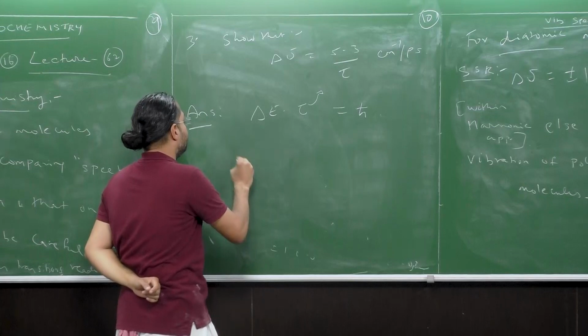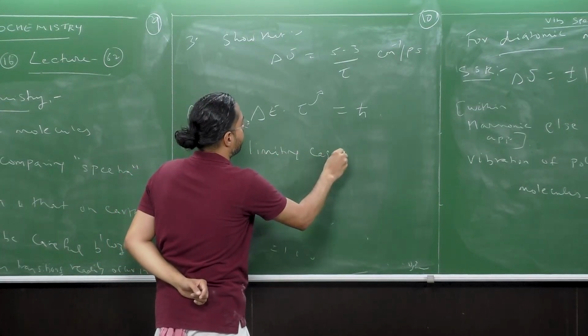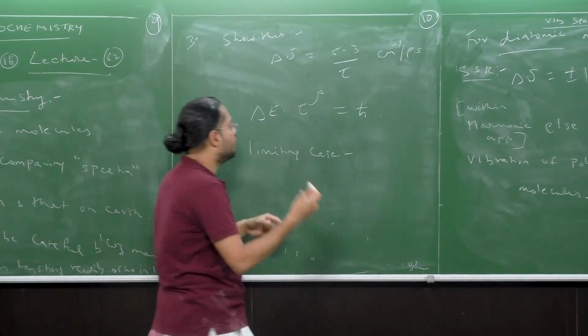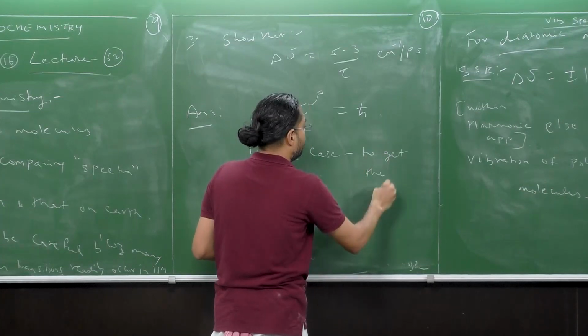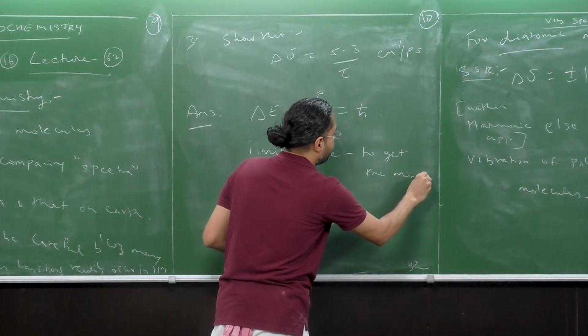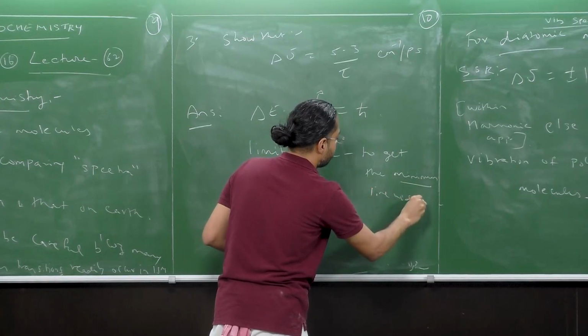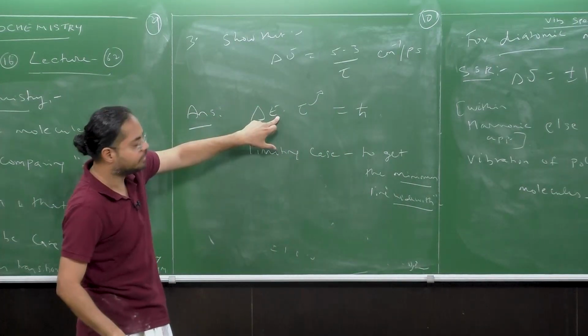We use the limiting case, that is, I'm using the equality sign and not the greater than or equal sign to get the minimum line width. Okay, right? So I'm going to start off with this.